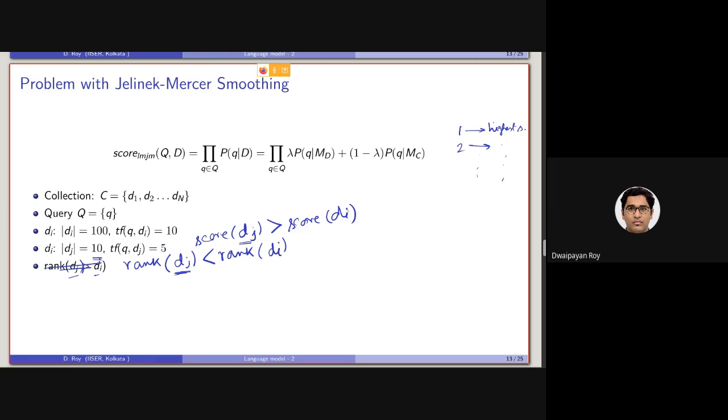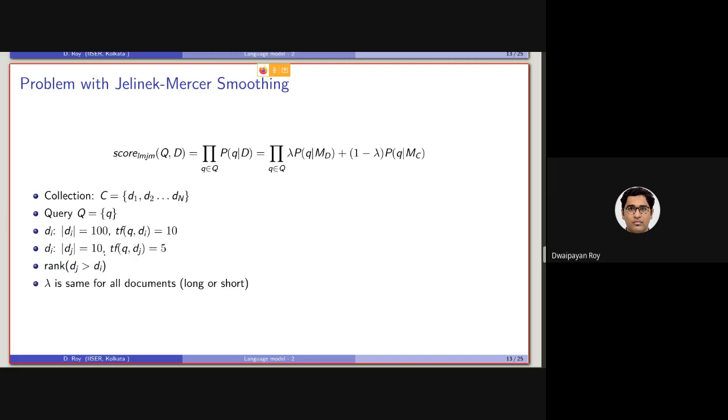So formally the drawback with this linear smoothed language model is that it gives unintended weightage, or unintended importance, to smaller documents like this.